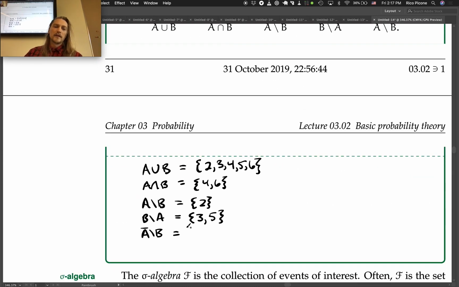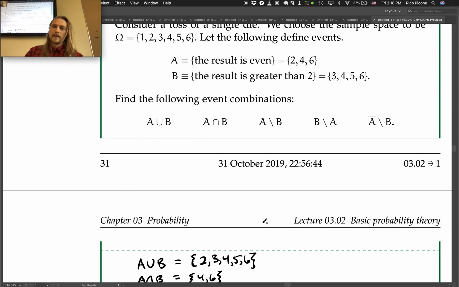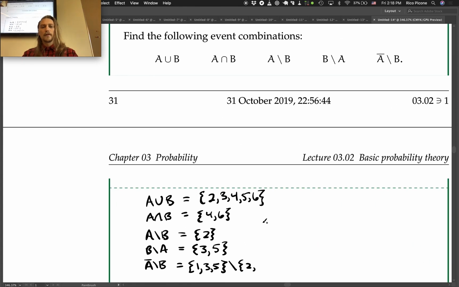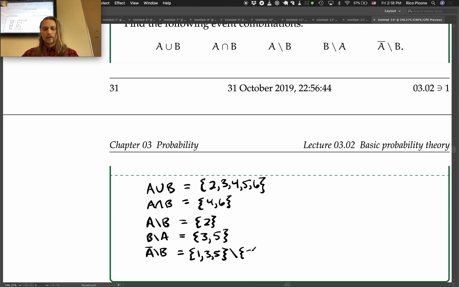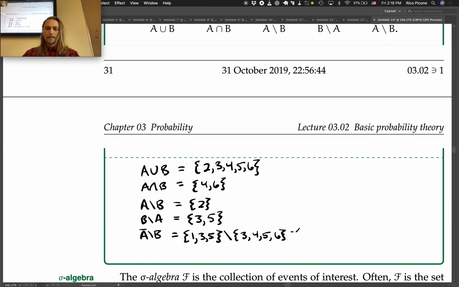So we could do this in two steps: 1, 3, 5 minus B, which is the result greater than 2, so 3, 4, 5, 6. Just 1, right? Great.